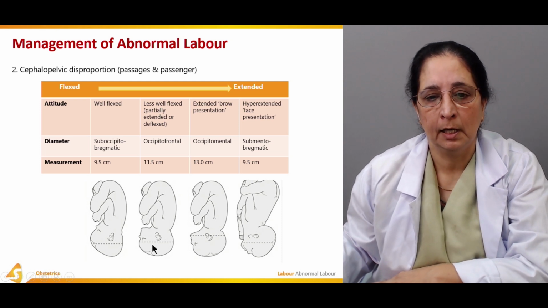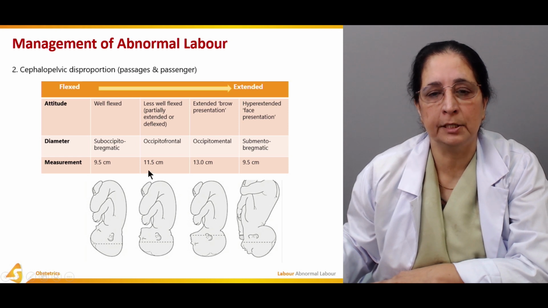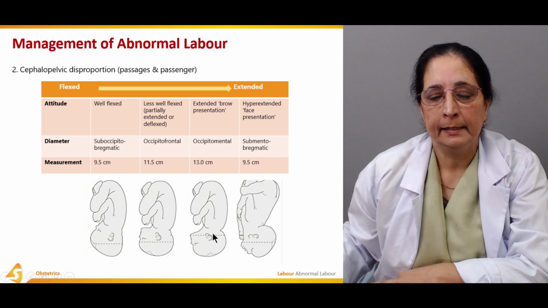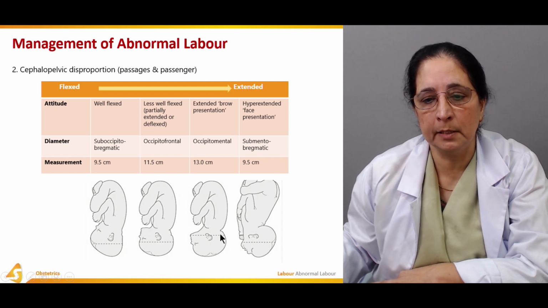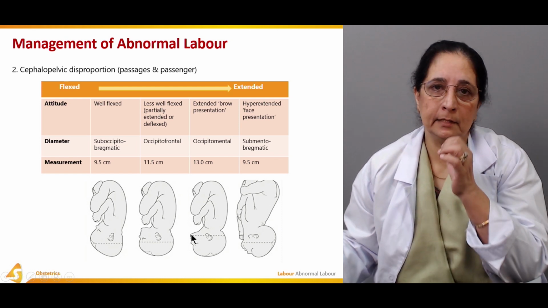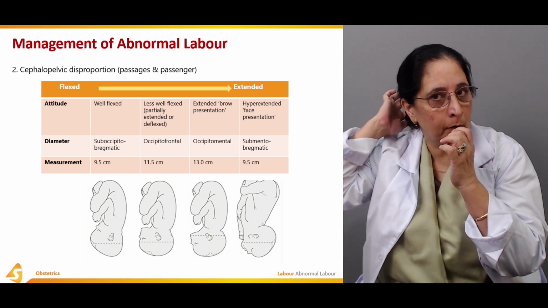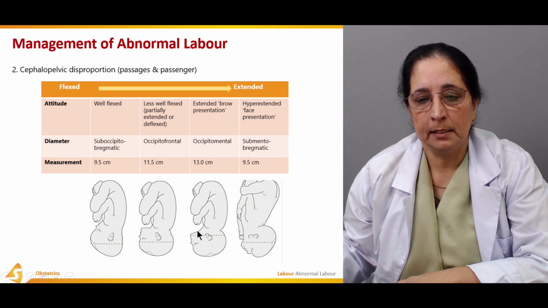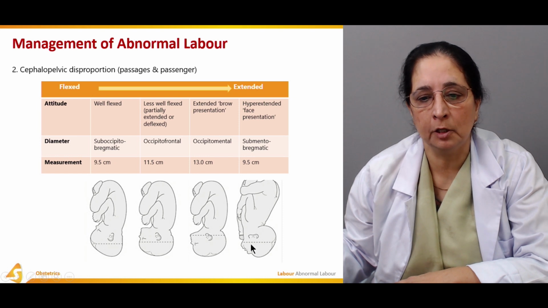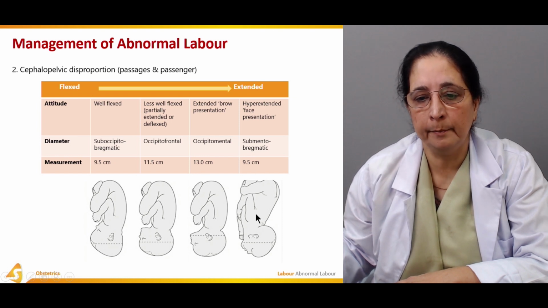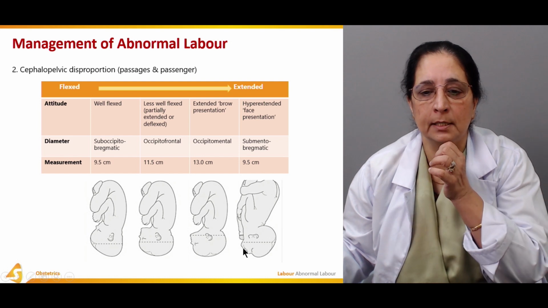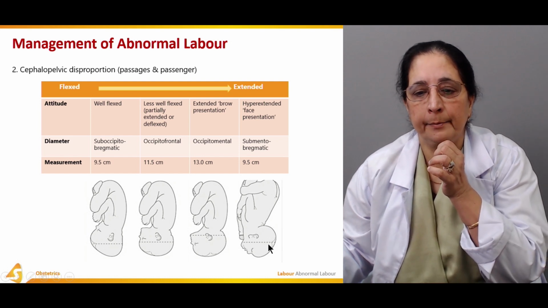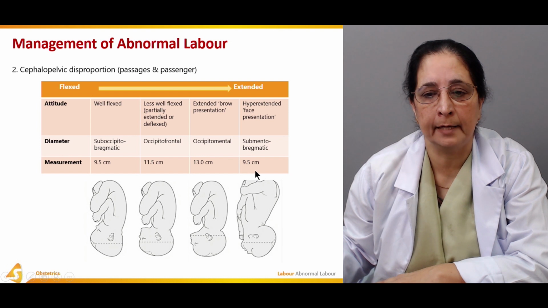It's less well flexed, not as well flexed, and the diameter is 11.5. Then we have occipito-mental. Mental is for the chin, from the occiput to the chin, and it's 13 centimeters. And then there is submento-bregmatic, below the chin, again 9.5 centimeters.